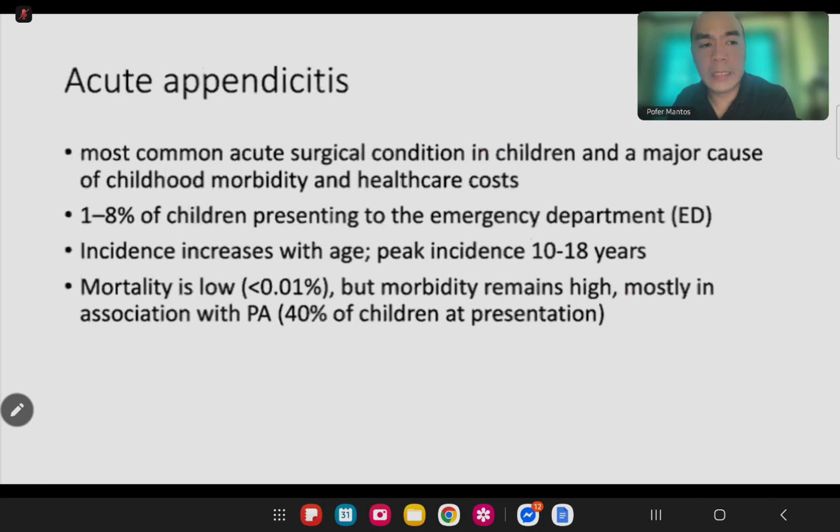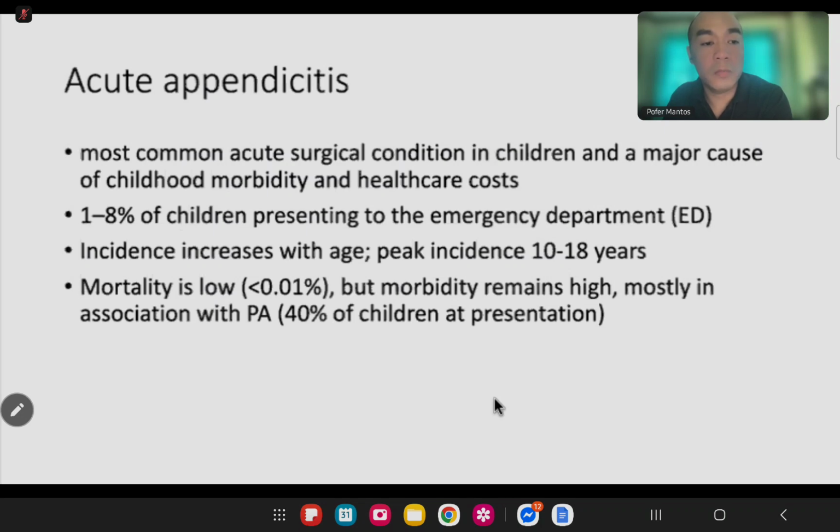For acute appendicitis, it's the most common surgical condition in children and a major cause of morbidity. And 1 to 8% of them will present in the emergency room. Usually the incidence is around 10 to 18 years of age.